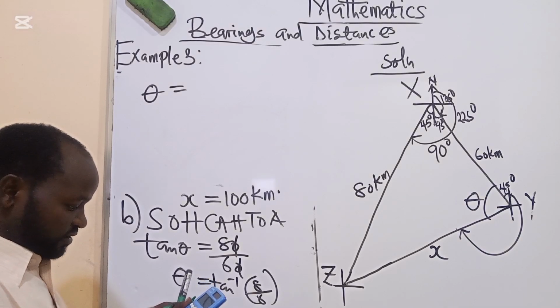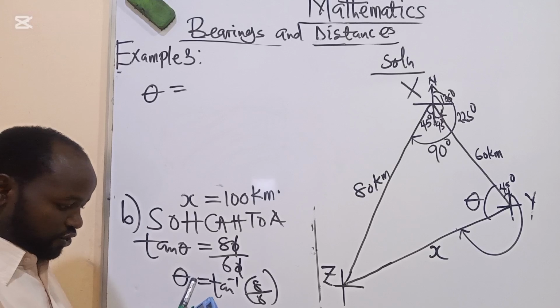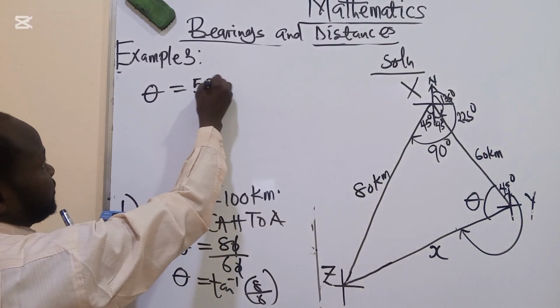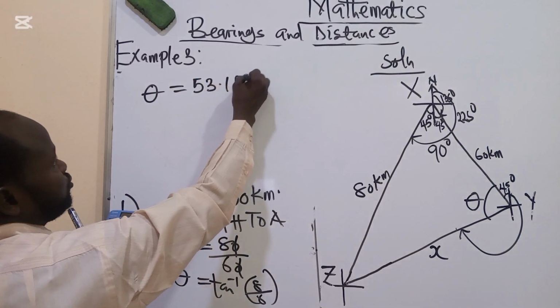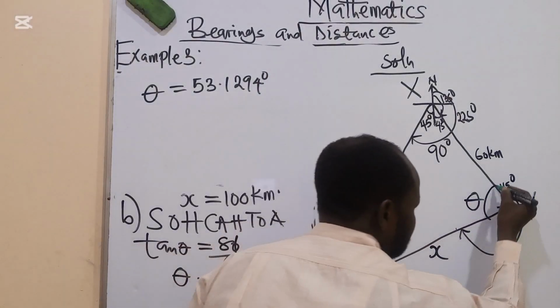Let's divide 8 by 6 first. 1.333. Then shift tan inverse of 1.333. What are we going to have? We'll have 53.1294 degrees. So this will be this angle theta here.